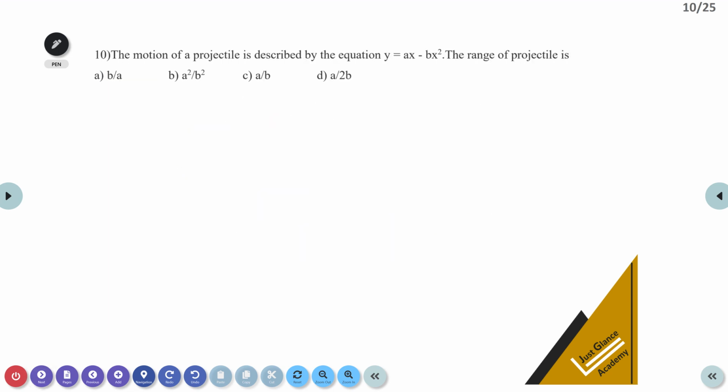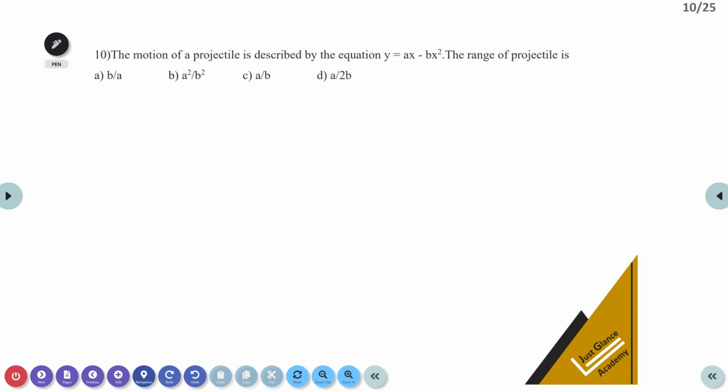Next. Just one minute. The motion of a projectile is described by the equation y equal to ax minus bx square.